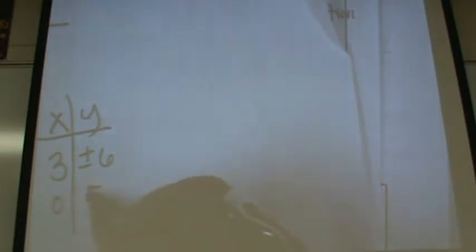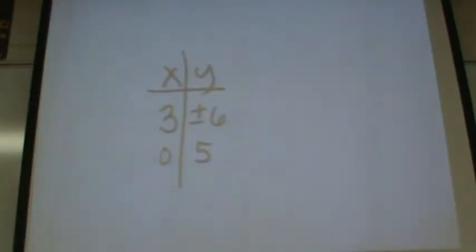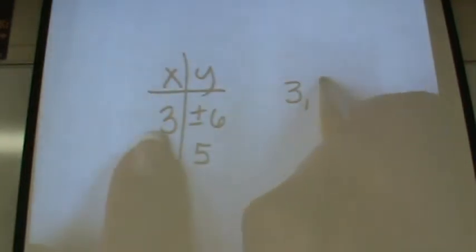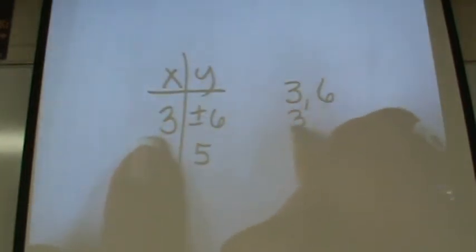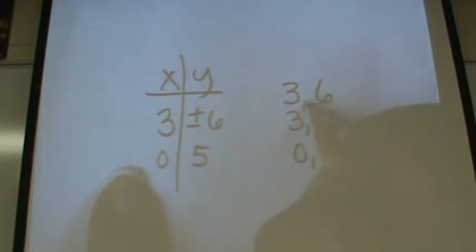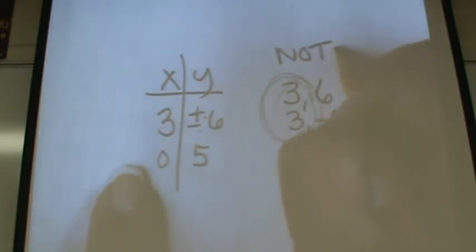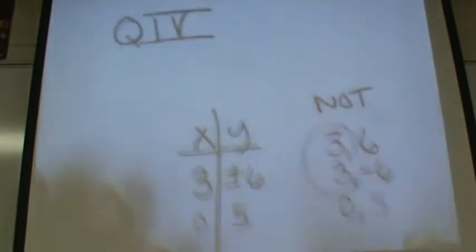If I make a T-chart and I do 3 and then plus or minus 6, and 0 and 5, this one is not a function. Why? Because you've got 3 with 6 and 3 with -6, and 0, 5. Because this 3 repeated, this one would not be a function.